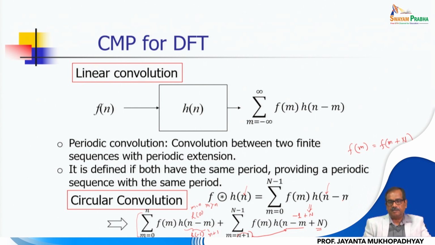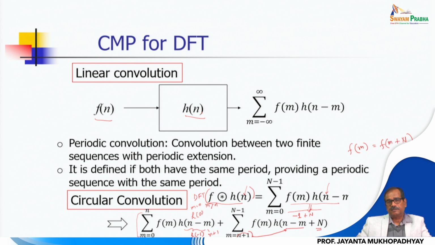Now, the interesting part is that the convolution multiplication property for circular convolution holds for the discrete Fourier transform. That means if I take the discrete Fourier transform of this function, by applying the linear and distributive rule of the discrete Fourier transform, you can show that this is equivalent to the multiplication of the discrete Fourier transforms of the input sequence and the impulse response.